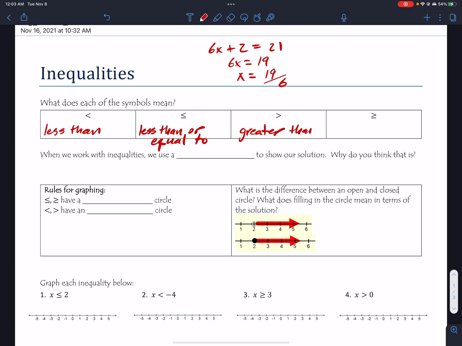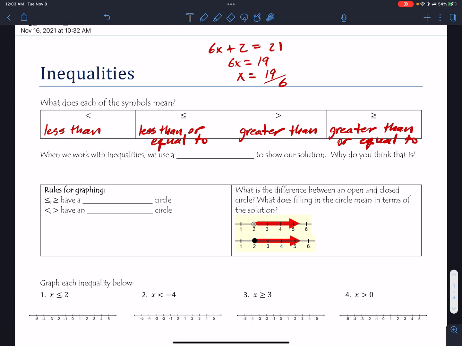You have to memorize the direction of these. If you get to the point where you're working these problems and you can't tell the difference between less than and greater than, then you're going to struggle in this whole lesson, to be honest with you. And then the next one is greater than or equal to.